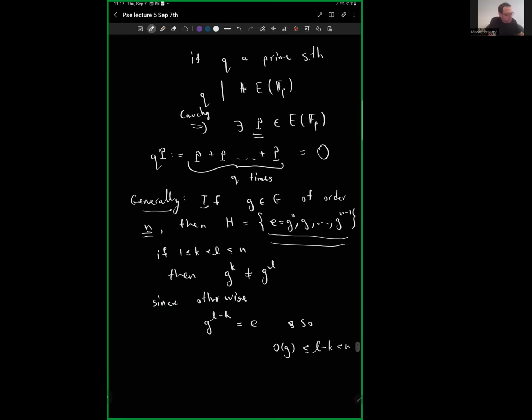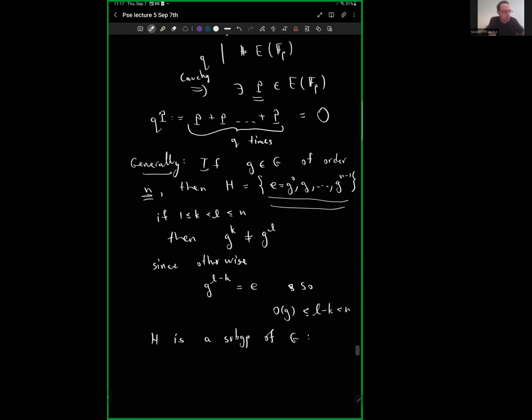And moreover, H is a subgroup of G. Of course, it has the neutral element. If you multiply two non-negative powers of g, you get again a non-negative power of g. You take modulo n, then you land in this set again.